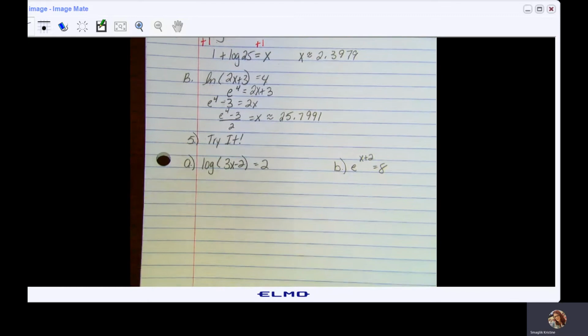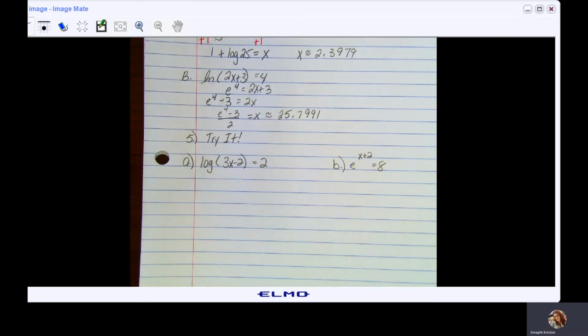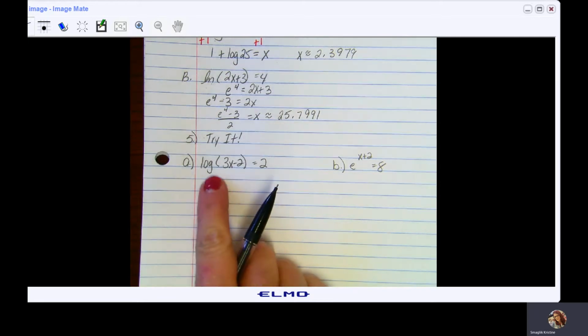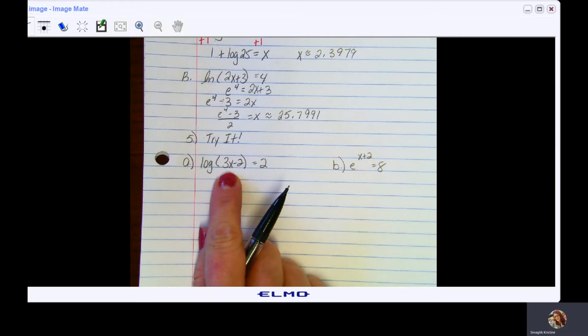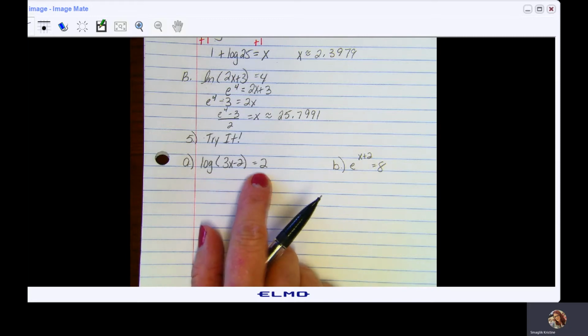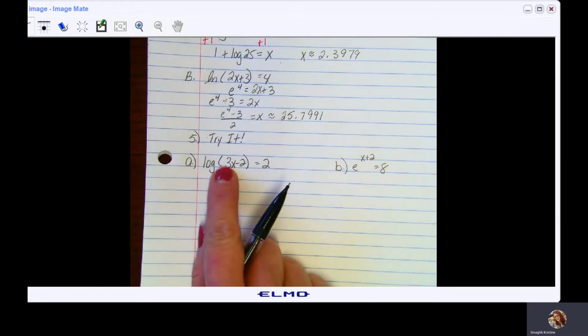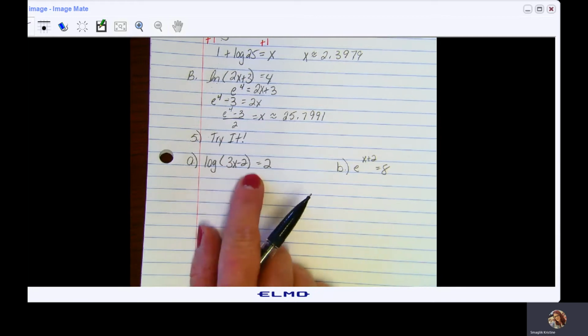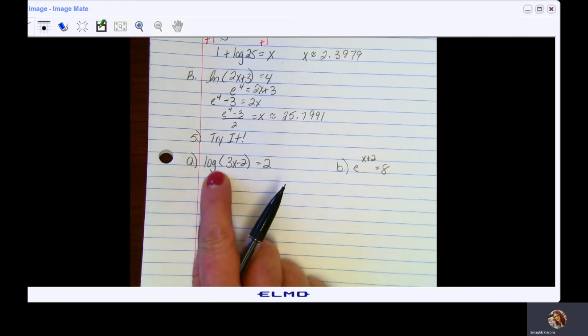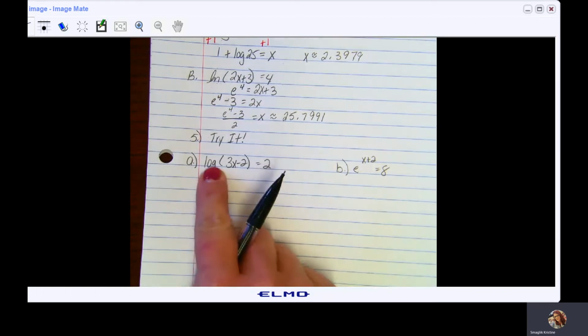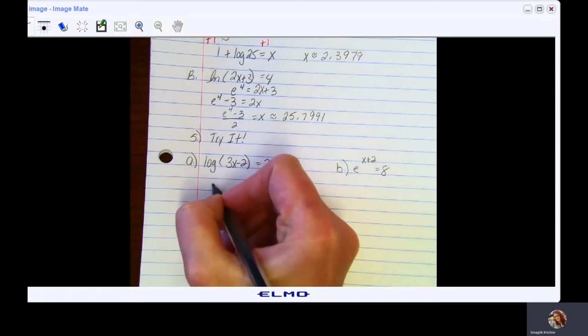And now here are your try-its. Go ahead, pause the video, give them a shot, and then come on back and check your answer. So for A, I've got log of 3x minus 2 equals 2. Well, I need to undo this. So what I'll do is I'm going to move this into exponential form. It's the common log, which has the implied base of 10.